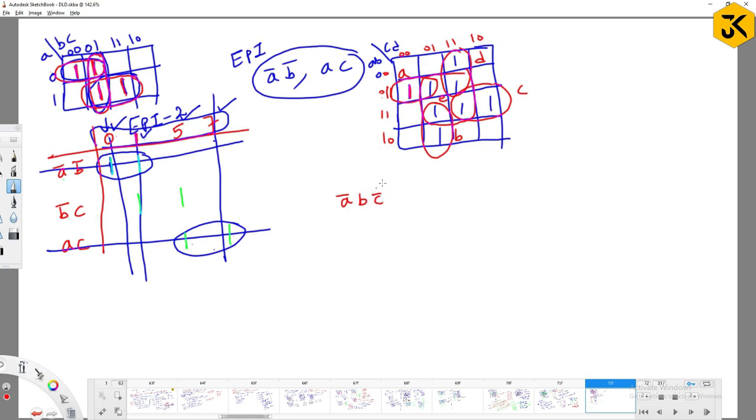For B, A, C bar, D. For C, A, B, C. For D, A bar, C, and D. For E, AB. AB or AC? Sorry.